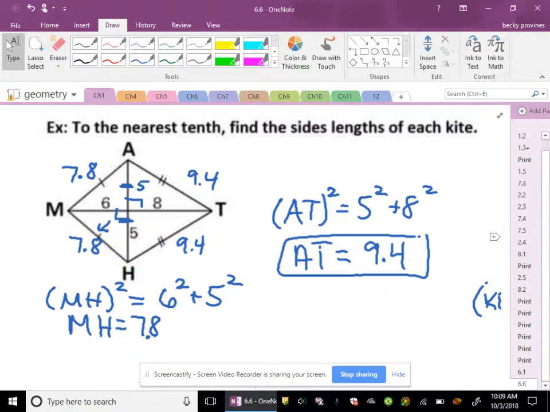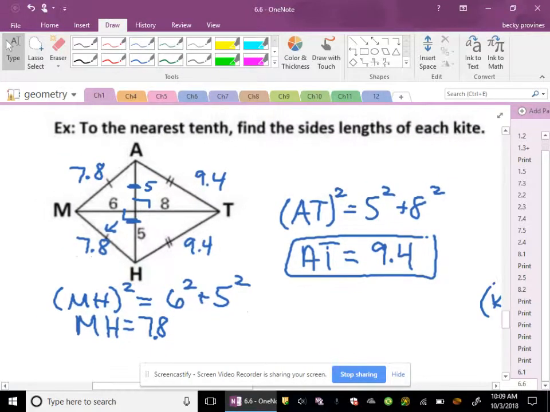Okay, so we're starting to make lots of work here. All right, so to the nearest tenth, find the side lengths of the kite. Those are your diagonals. But if you notice, those diagonals make triangles, and I have to figure out a few things.